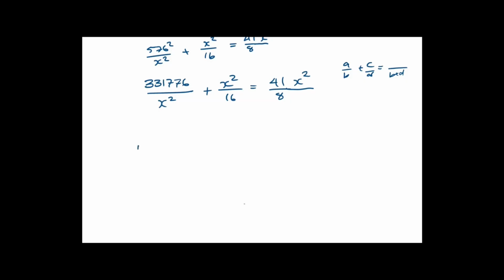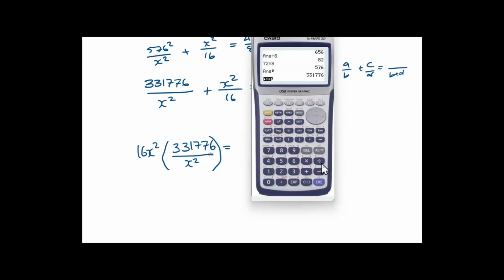So 16 times 331,776 over x squared is going to give us whatever 331,776 times 16 is, equals this enormous huge number.